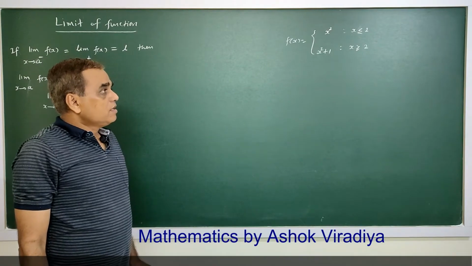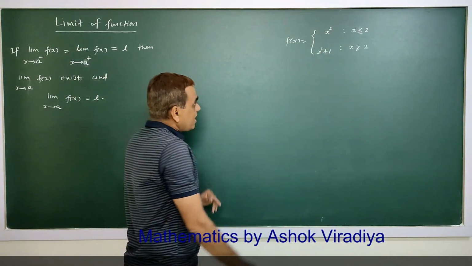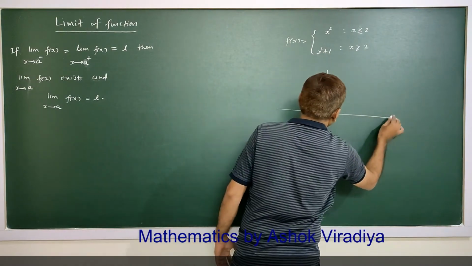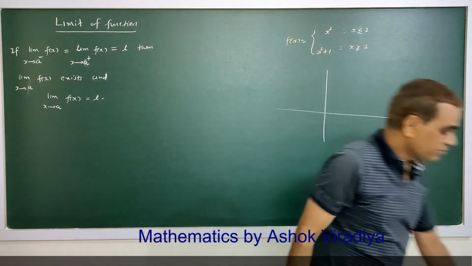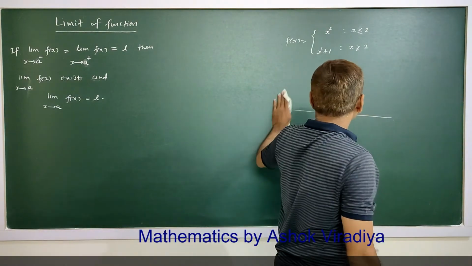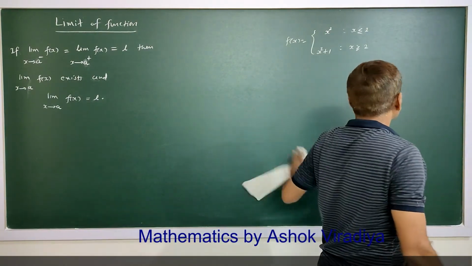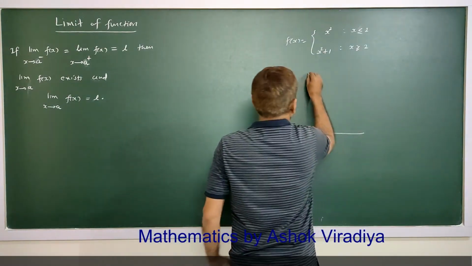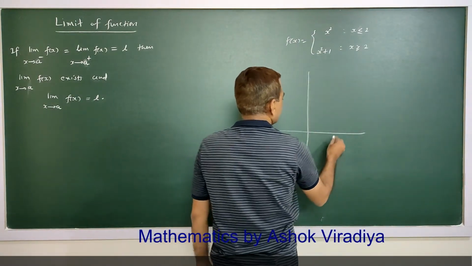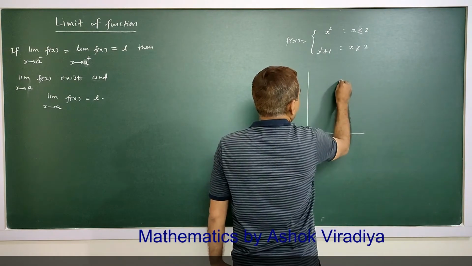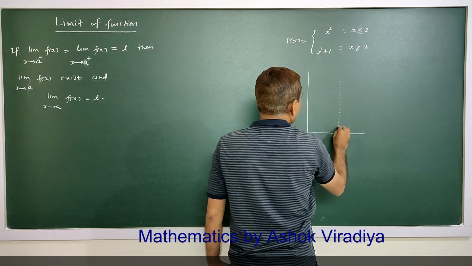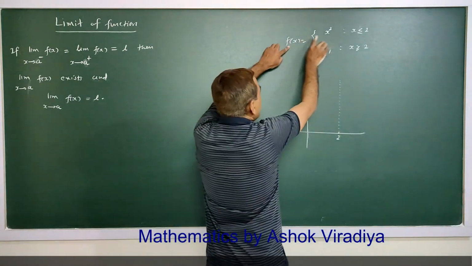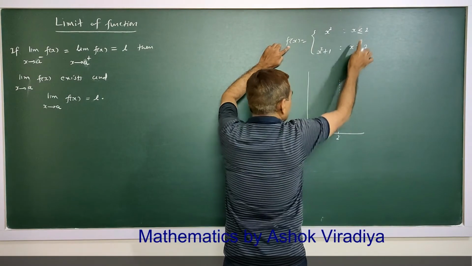So see its graph. If we observe the graph of this function, then function is changing its formula at 2. Here the number is 2. At 2 function is changing its formula. y equal to x square for x less than or equal to 2.